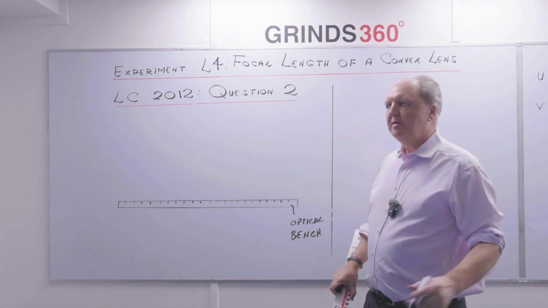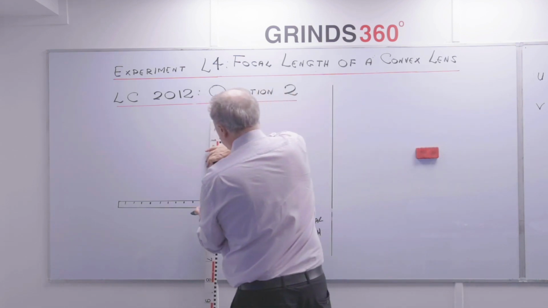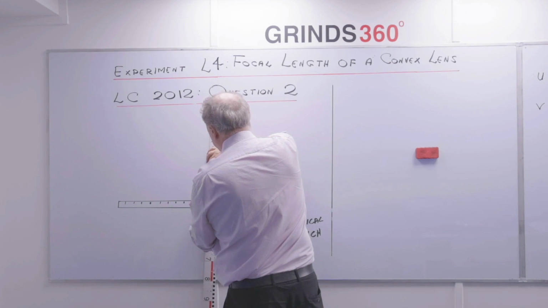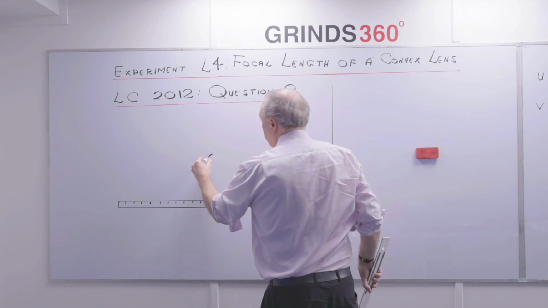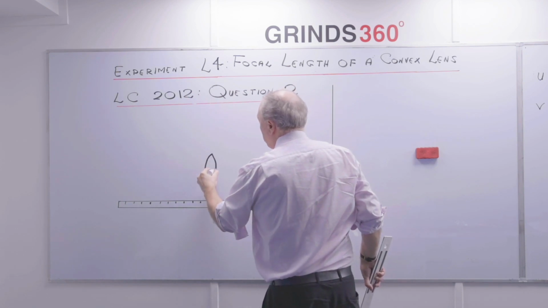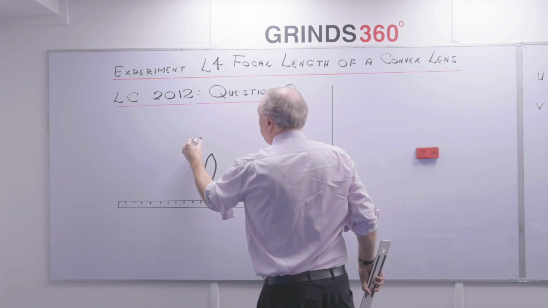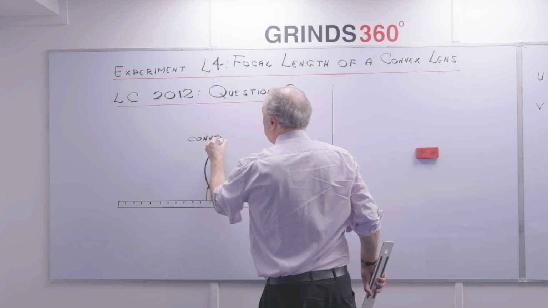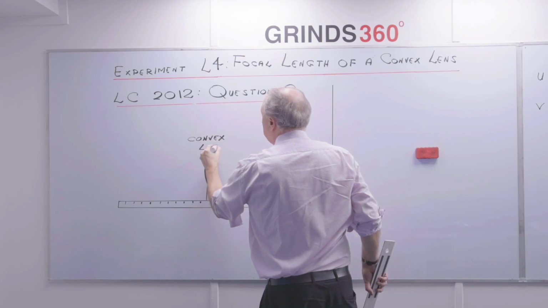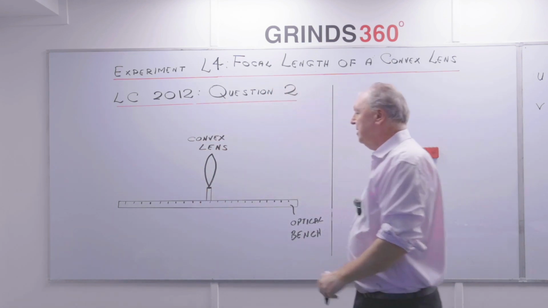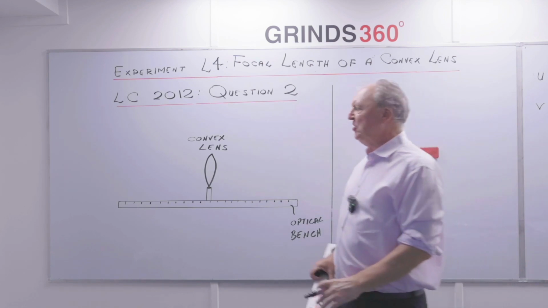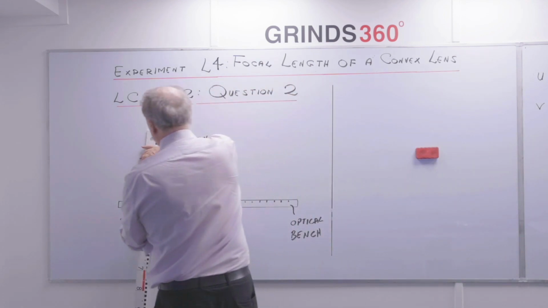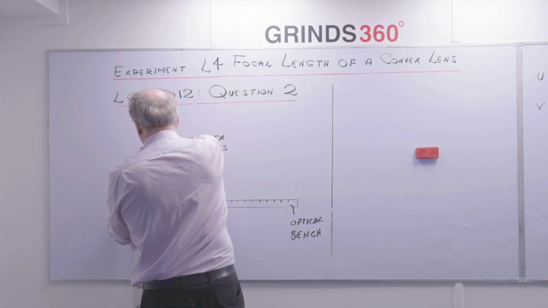So in the middle of that optical bench, I'm going to put in our convex lens. As the object, I'm going to use our light source. So let's place my light source here to the left of it.